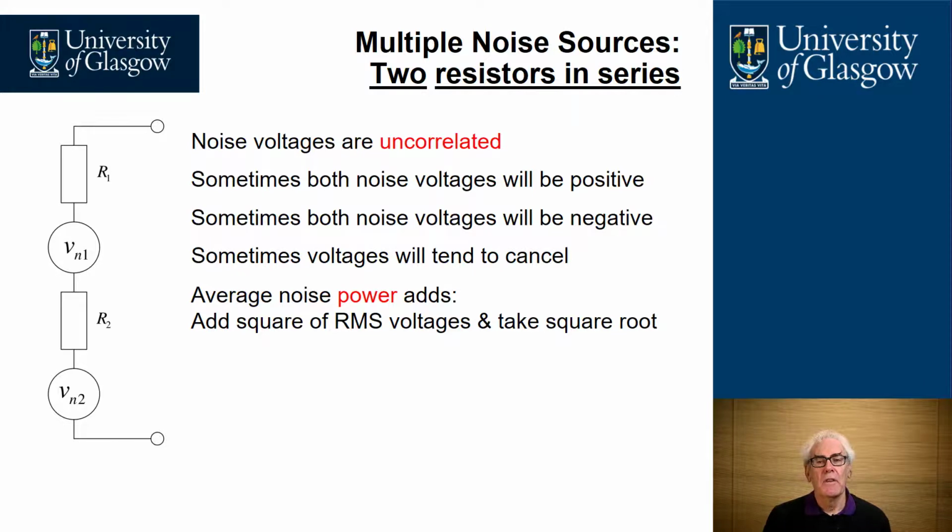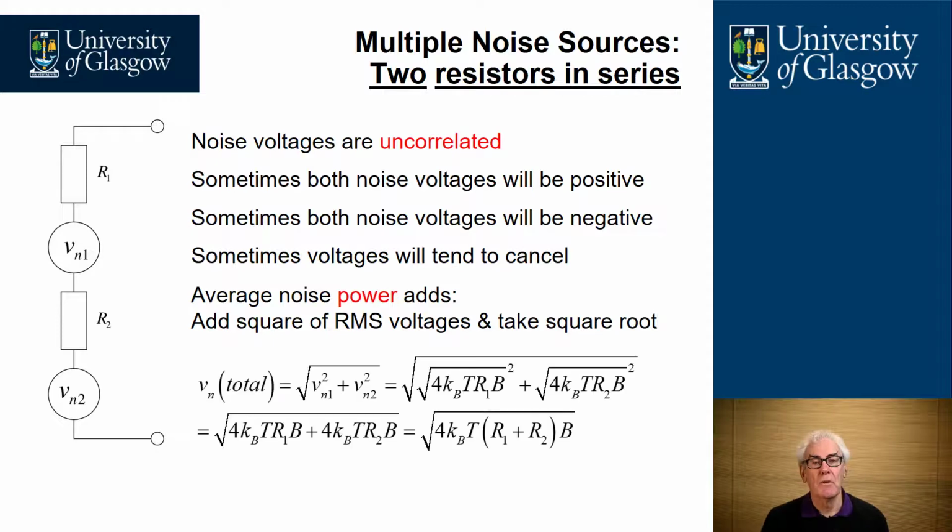So to calculate out the noise voltage, we need to add the square of the RMS voltages and take the square root. In other words, if we take the square of voltage source Vn1 and add it to the square of voltage source Vn2, plugging it in the Nyquist equation, we calculate out that the Vn total would be the square root of 4 times the Boltzmann constant times temperature, which is the same in both instances, multiplied by the addition of the resistors, and then multiplied by the bandwidth.